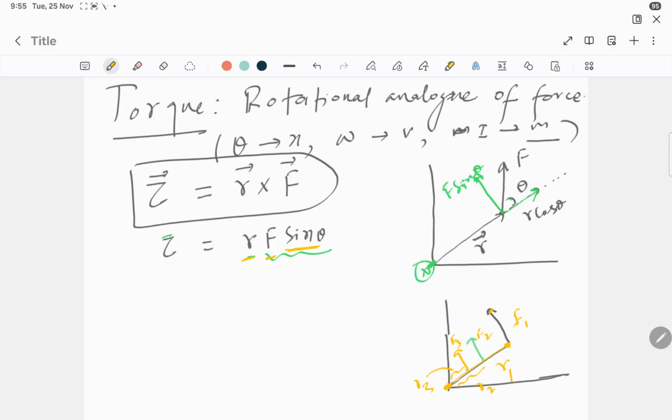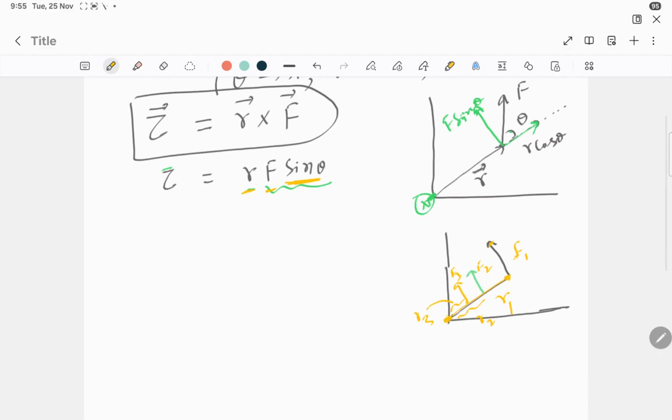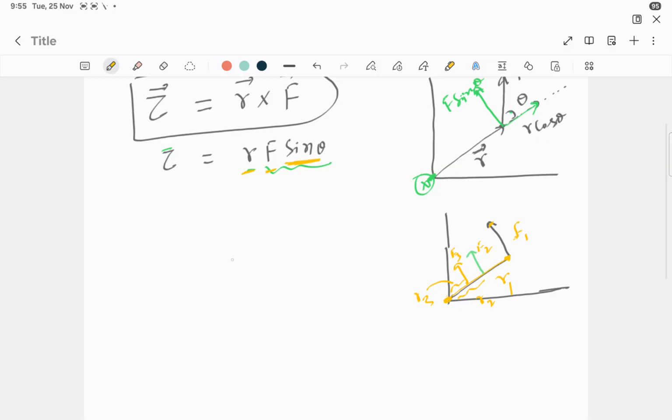And the next question, why this theta? Again I would like to show what the effect of theta is. Let me draw.